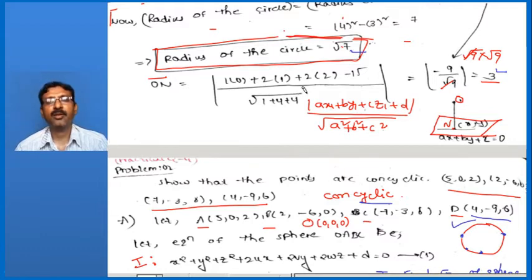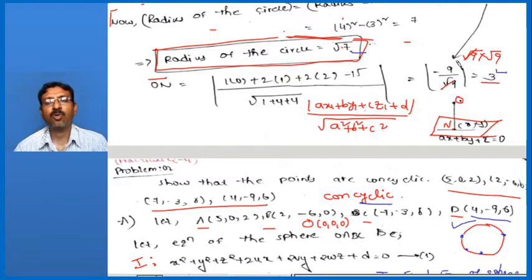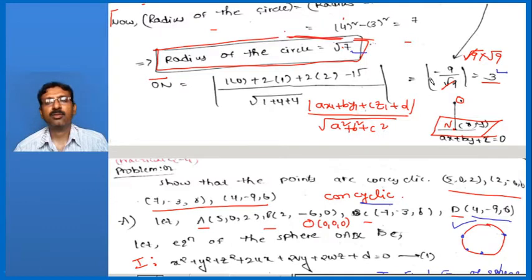Total root 9, which is 3. The minus is taken as a plus, since we are using modulus, that's why the length should be positive. ON is the length, the perpendicular distance, which is 3.